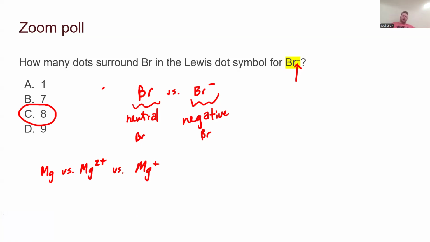Are those 3 different things the same? No, they're not. 2 of them are positive ions. So we got this as neutral, these 2 as positive.